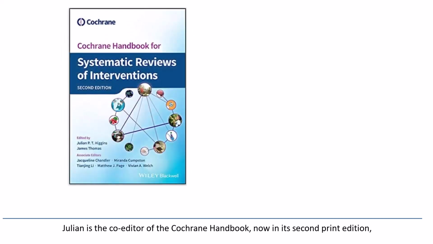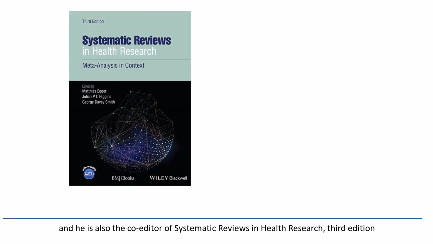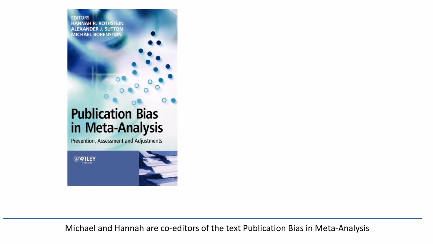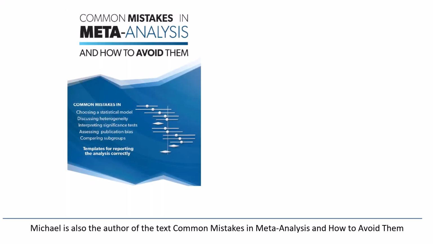Julian is the co-editor of the Cochrane Handbook, now in its second print edition, and he is also the co-editor of Systematic Reviews in Health Research, third edition. Michael and Hannah are co-editors of the text, Publication Bias in Meta-Analysis. Michael is also the author of the text, Common Mistakes in Meta-Analysis and How to Avoid Them.